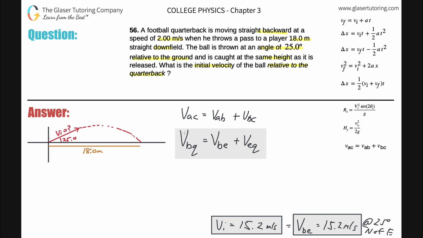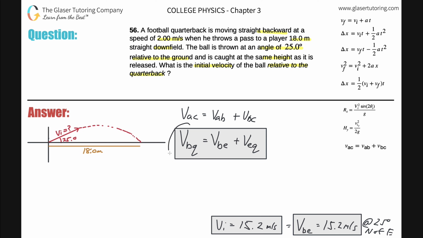In order to find the velocity of the ball relative to the quarterback, I need to know the velocity of the ball relative to the earth, and I need to know the velocity of the earth relative to the quarterback. A couple things to keep in mind. Whenever you add velocities together, you can only add x and y components separately. You cannot add x and y together. What I mean by that is this.